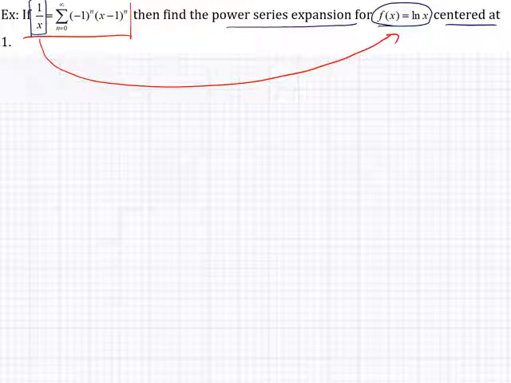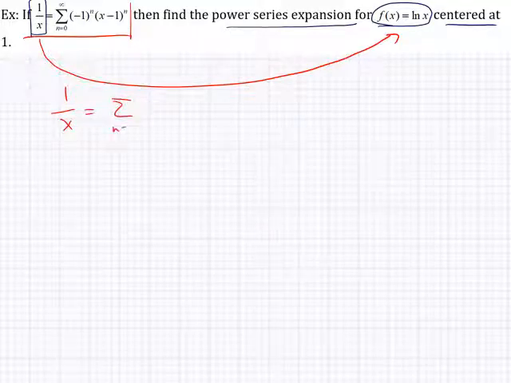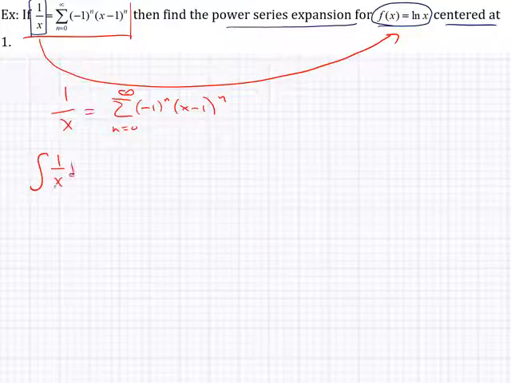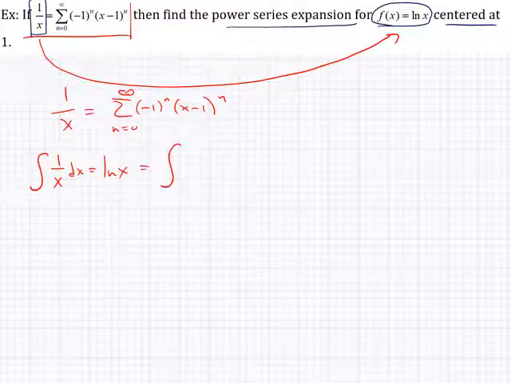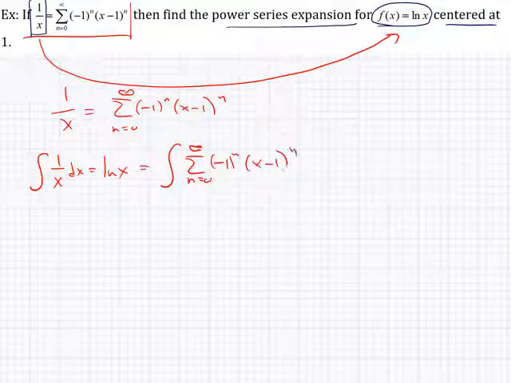So thinking about this, if I know that 1 over x equals the sum of n equals 0 to infinity of -1 to the n, x minus 1 to the n, and I also know that the integral of 1 over x dx equals log x, well then the integral of the sum of n equals 0 to infinity of -1 to the n, x minus 1 to the n should be what log x's series looks like, as long as I can integrate this power series.